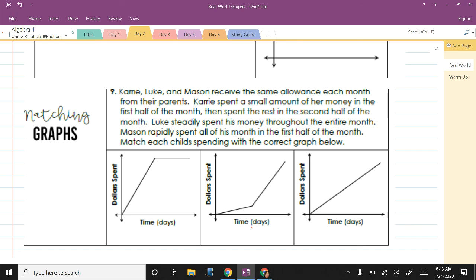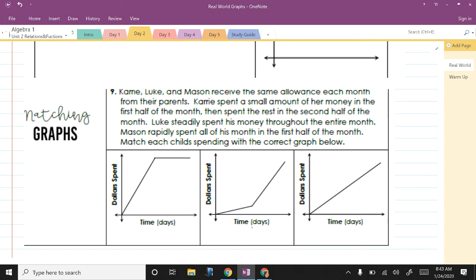They get the same allowance each month from their parents. So I guess they're siblings. Carrie spent a small amount of her money in the first half of the month, then spent the rest in the second half of the month. Luke steadily spent his money throughout the entire month, and Mason rapidly spent all of his money in the first half of the month. Match each child's spending with the correct graph below.